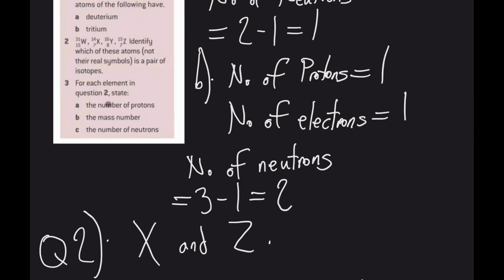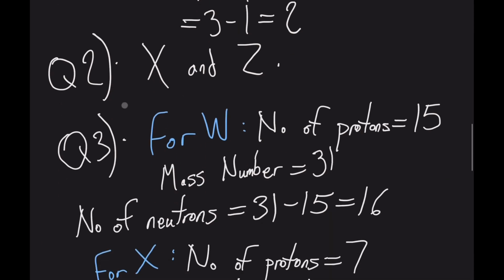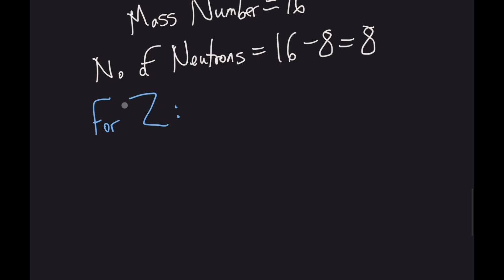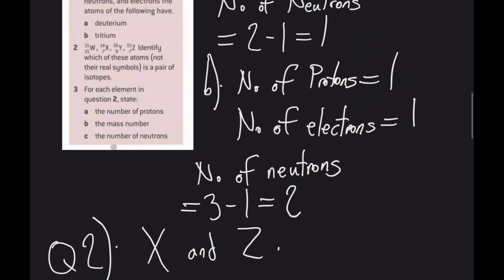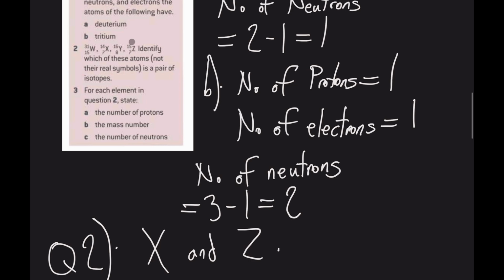Now for Z, the number of protons can be read here, the Z equivalent, which is 7. And then the mass number of Z can be read from this top number here, which is 15.